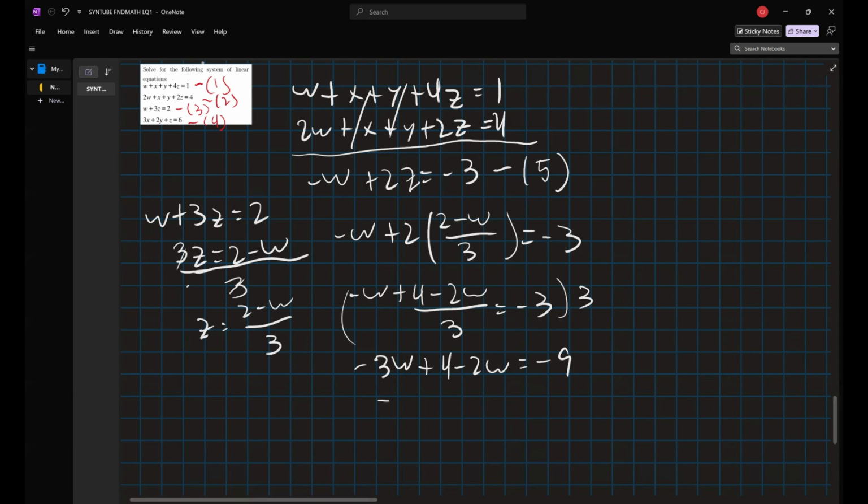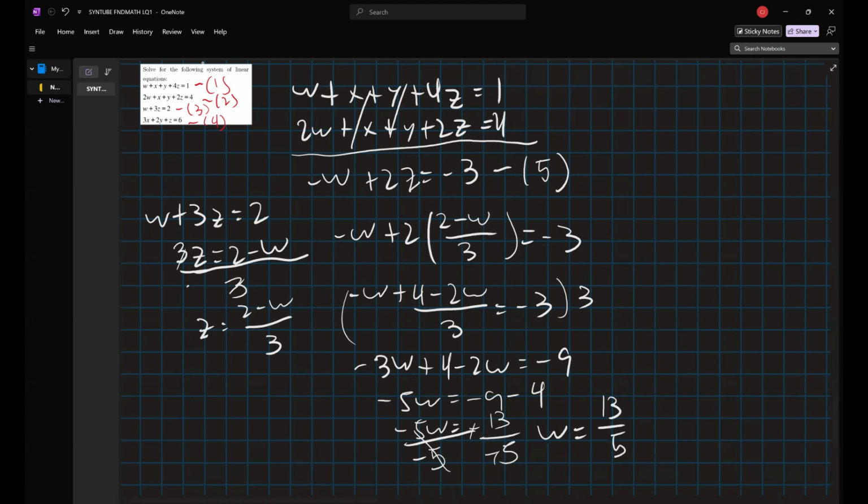That would give us negative 5w equals negative 9 minus 4, that would give us negative 5w equals negative 13. We can get w by dividing both sides by negative 5. We cancel the negatives, and we'll be left with w equals 13 over 5.